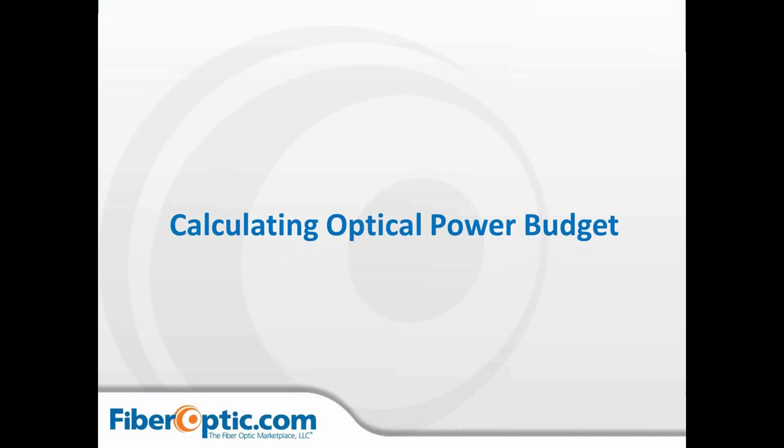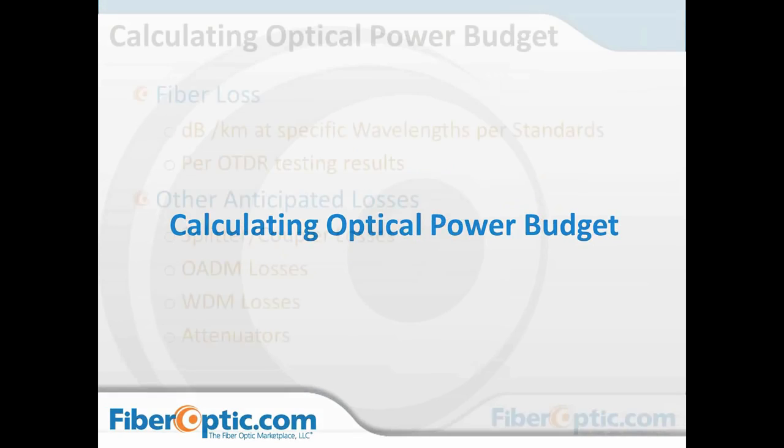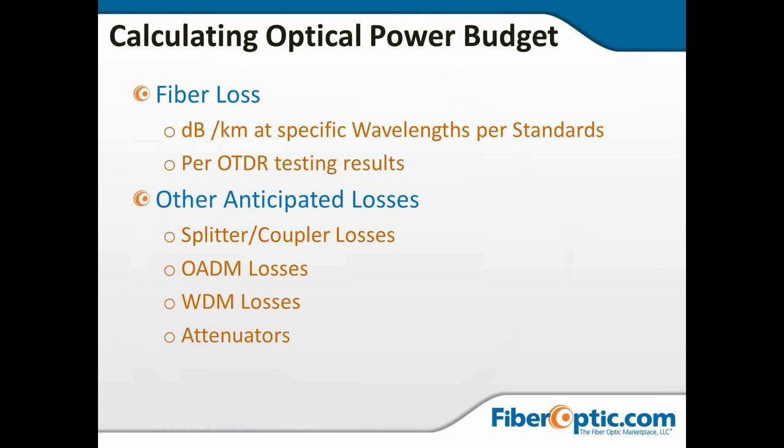Okay, so calculating a power budget. A couple of calculations that we're going to talk about, but first we're going to basically total up all of our losses. So let's look at what some of them might be. Our fiber loss. Now remember, fiber loss is the only loss characteristic in our design that is wavelength dependent.